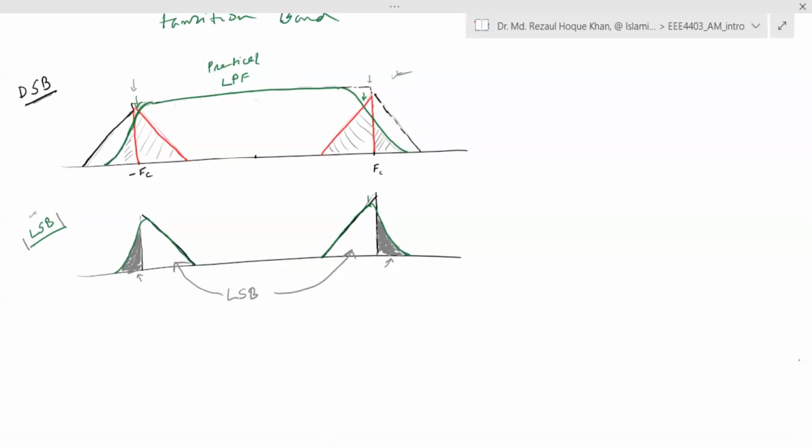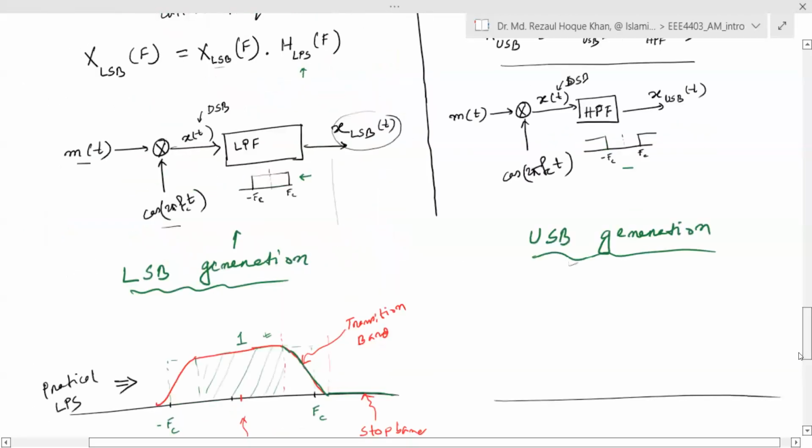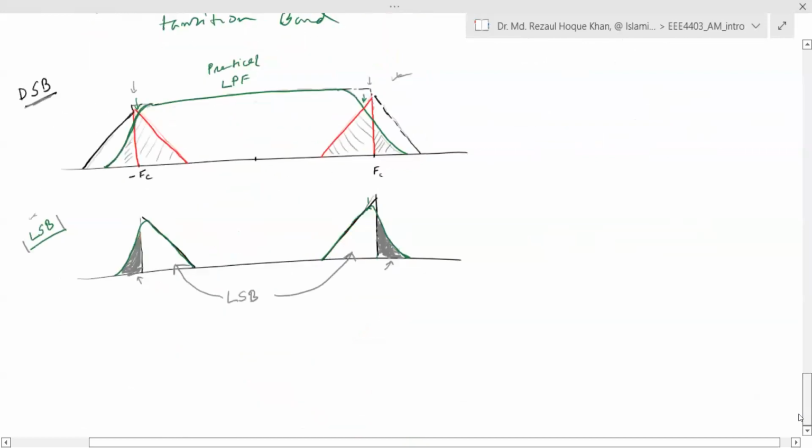Here I am drawing it for the LSB. I'm not drawing this picture for USB, which will be the same for both cases.